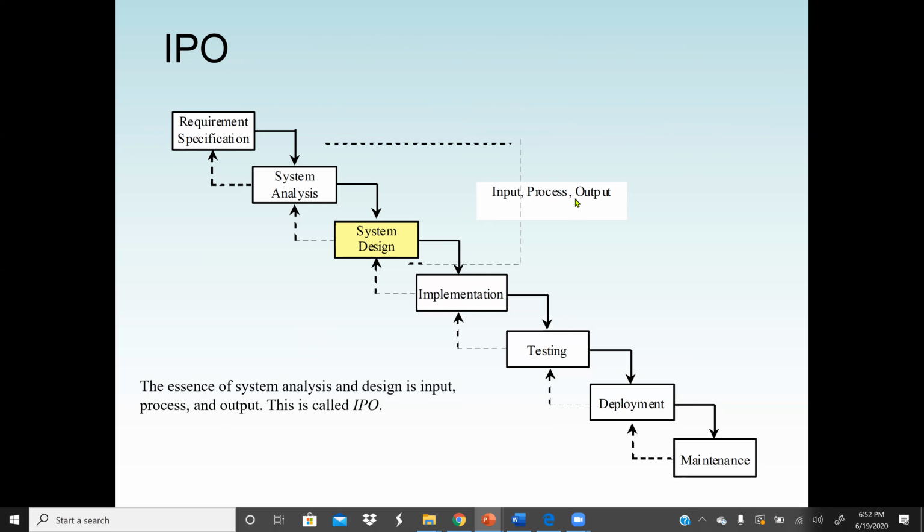We have the input, processing, and output. Now the essence of system analysis and design is input, process, and output, which is called the IPO. And mostly in system design, this is where we transform the input to output. Let's say I'm designing a system to calculate salary for employees.